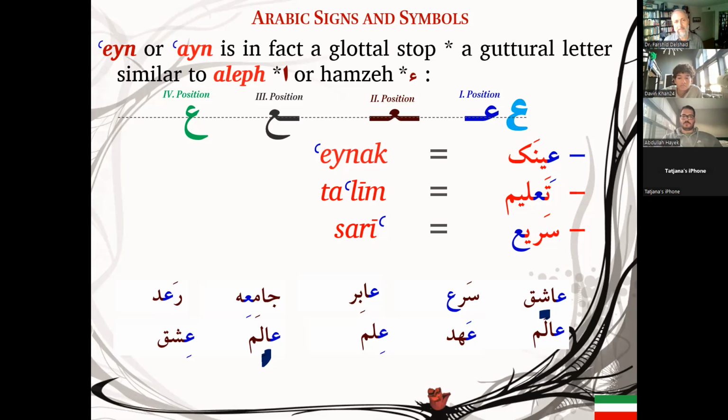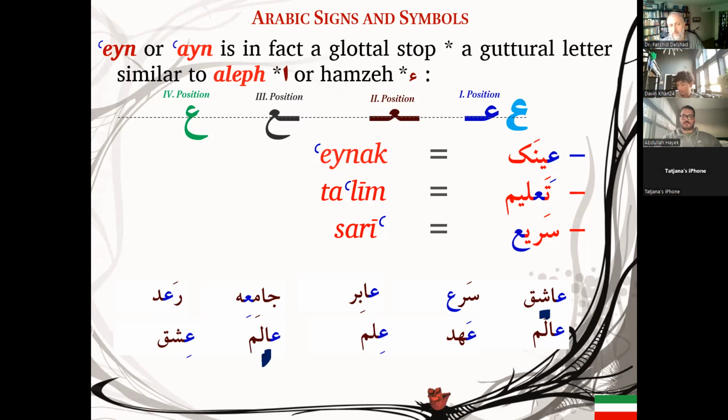So it is exactly what I briefly explained before, that in Persian the ʿeyn as a glottal letter is really pronounced like aleph. You do not differentiate it. So when somebody dictates a word to you, you cannot recognize whether he would write it with ʿeyn or with aleph, because we do not differentiate between the pronunciation of aleph and ʿeyn.